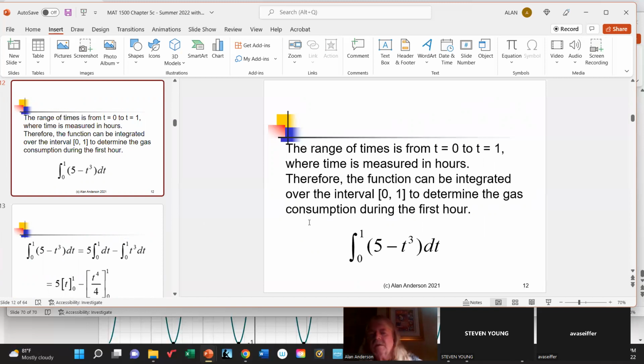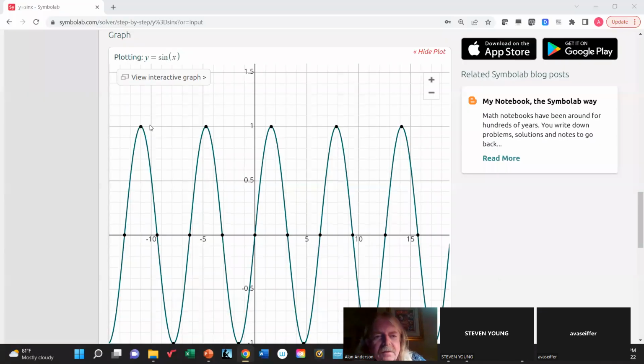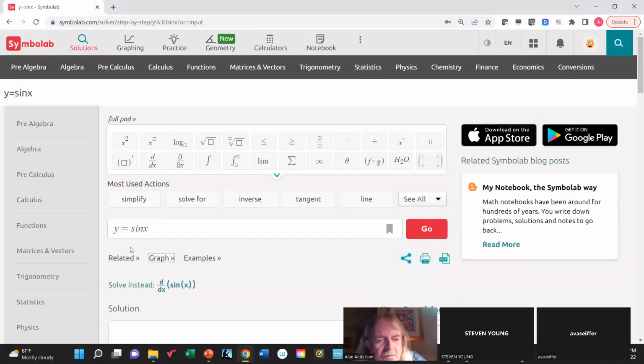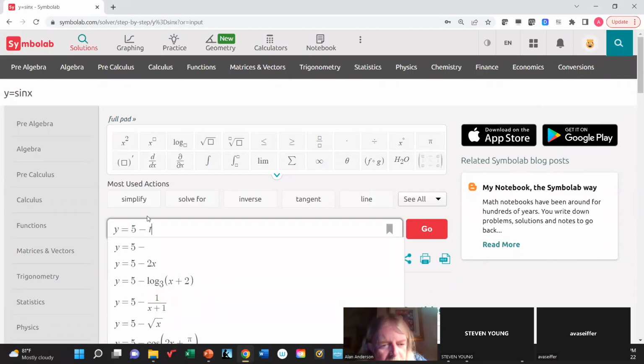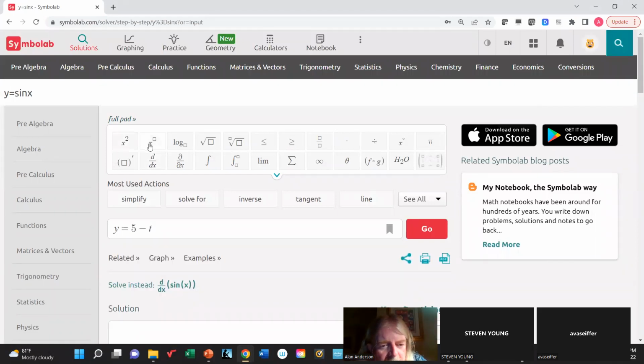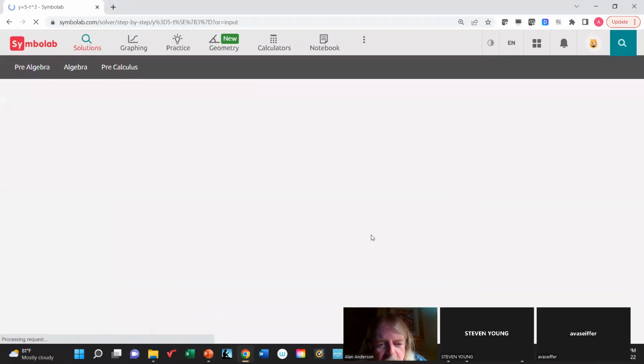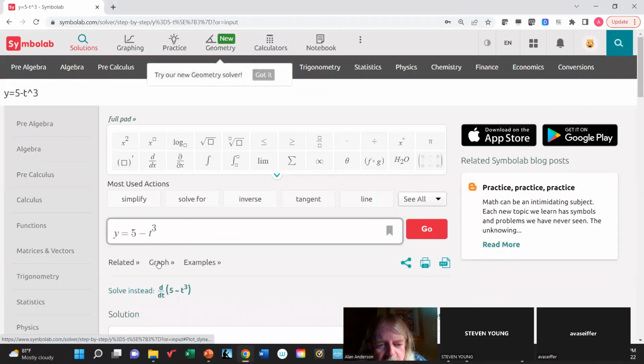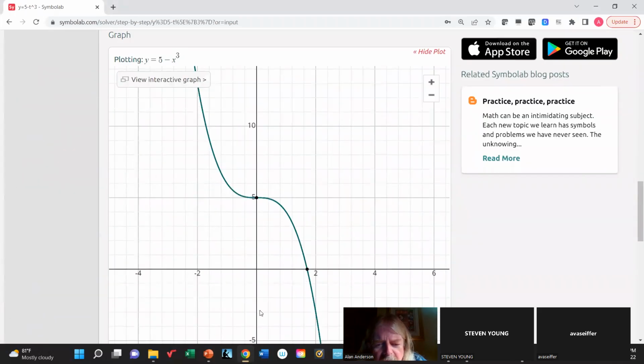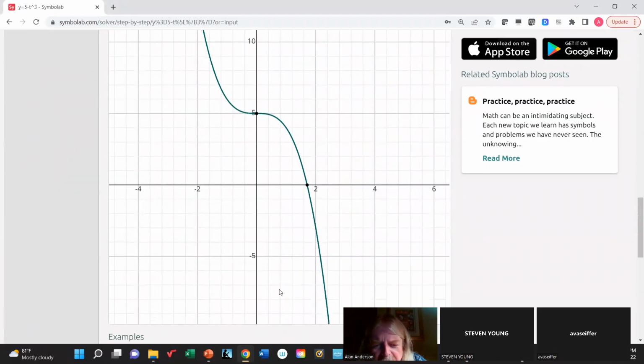Because what we're trying to do, and by the way, let's go look at the graph for a second. 5 minus t cubed. So we're looking for, let me take a picture of this.